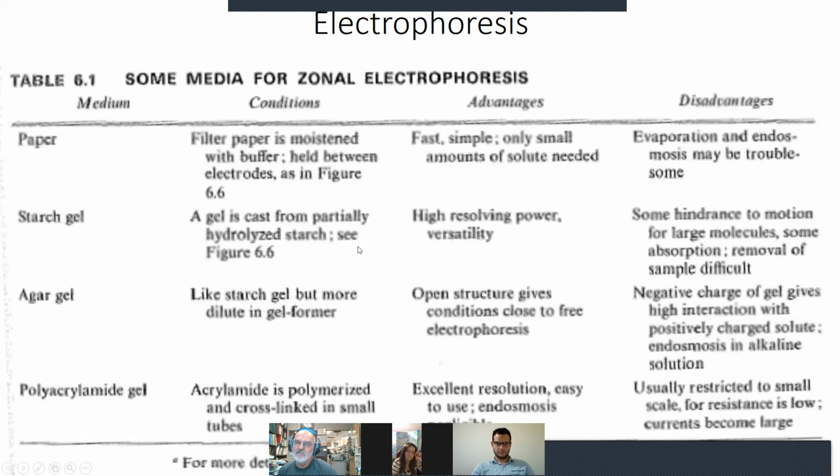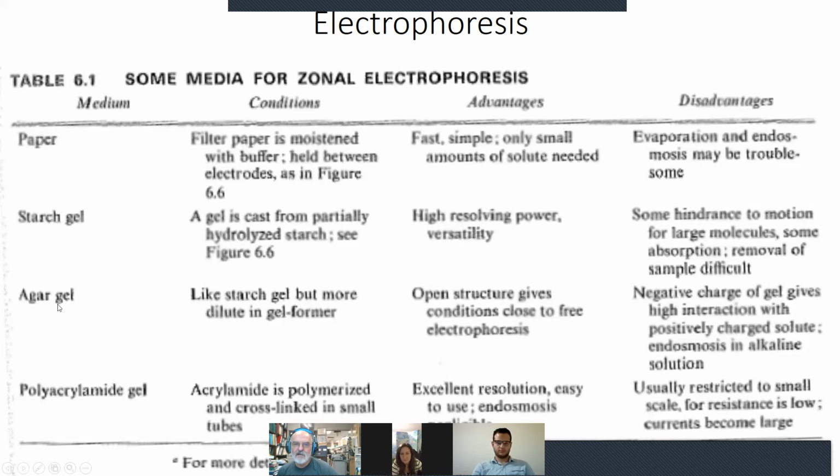And so it didn't have a lot of resolving power. This says high resolving power, but it really didn't have the ability to fractionate by the sieving effect that we're going to see in polyacrylamide gels. Recovery, removal of samples difficult. Recovery of samples was difficult.